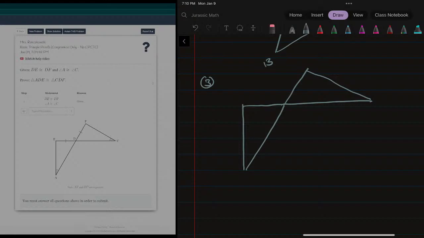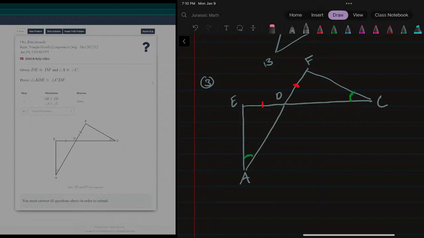There's no B. Wow. Okay, so this is A, this is C. We have the letter D here. We have an E and an F. In our given, we are given that DE and DF are the same. And we are also given that angle A and angle C are the same.